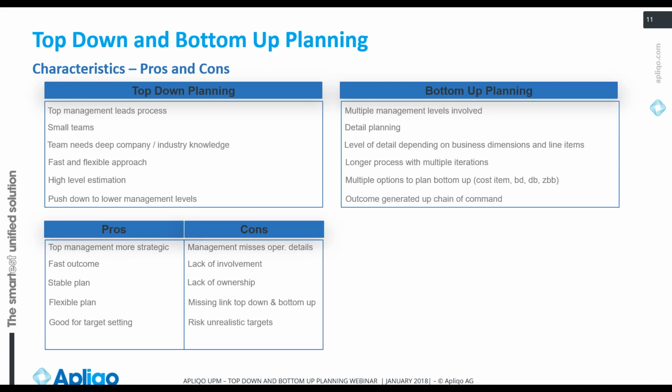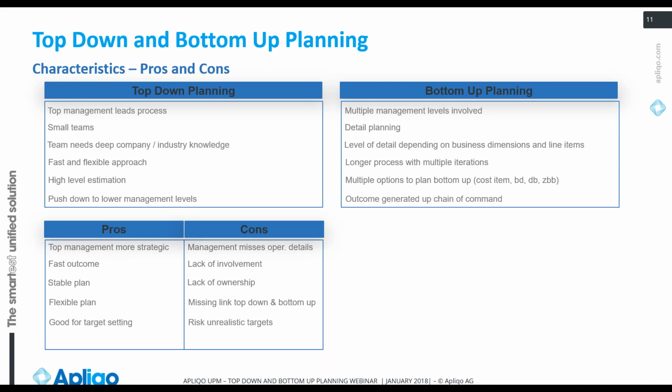But typically, the bottom-up is a longer process with multiple iterations. It's never the case that you finalize the budget after the first run. There are multiple iterations in each organization. And what we see is that there are multiple options to plan a bottom-up approach. You can do it on a cost item level, on a higher level of the chart of account dimension, based on a driver-based approach, or based on a zero-based budgeting approach.